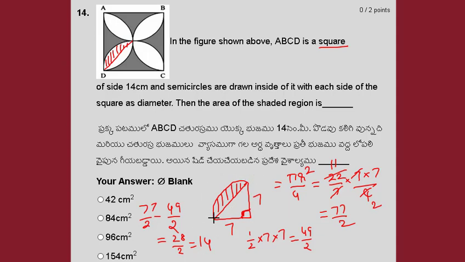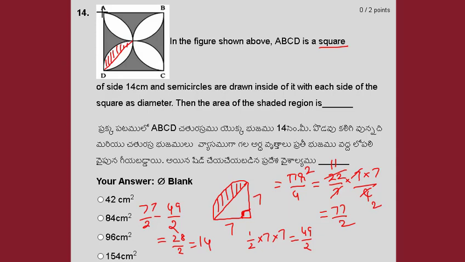We have 8 of these small shaded parts. That means the total area of these flower type objects is 14 times 8, that is 112. But that is not our answer.